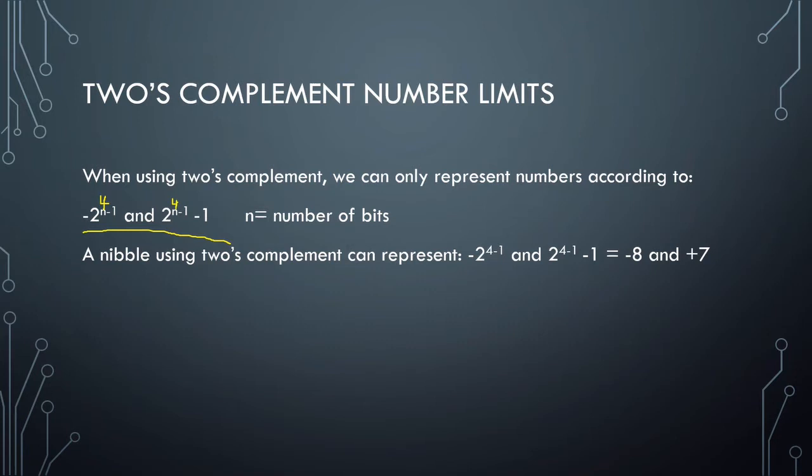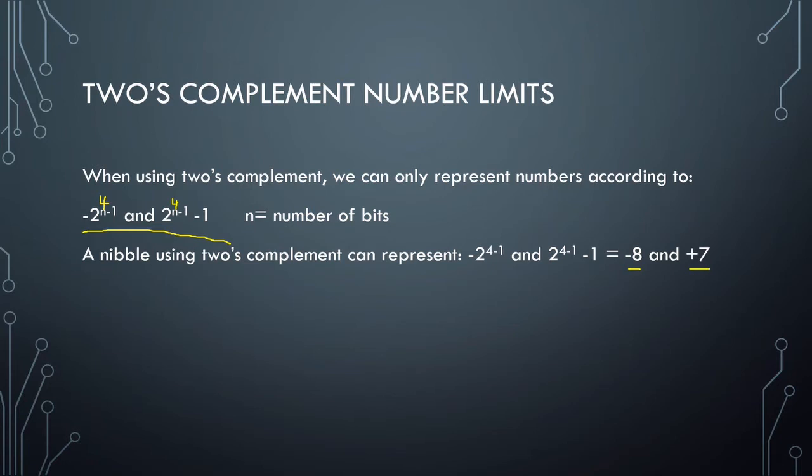So when we're working with nibbles, that's 4 bits, using 2's complement, for a negative number, we can represent -2 to the power of 4 minus 1. That's -2 to the power of 3, which is just -8. And then the largest positive number that we can represent is 2 to the power of 4 minus 1, which is 8, but then we need to subtract 1 from that. So that's going to be +7.